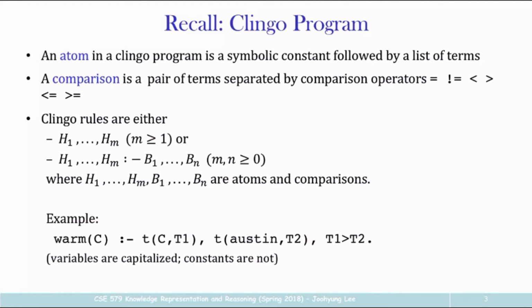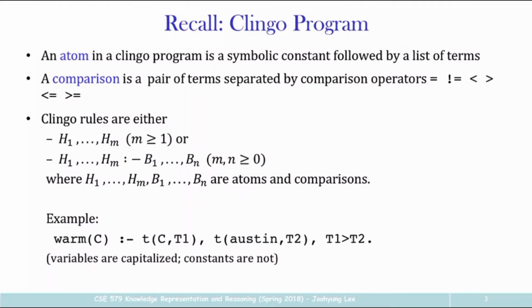Now another confusion that might come here is that the meaning of the comma in the head and body are actually different. We'll get into that soon, but roughly speaking, the comma in the head, that is between HI and HJ, denotes disjunction. And the comma in the body represents conjunction.